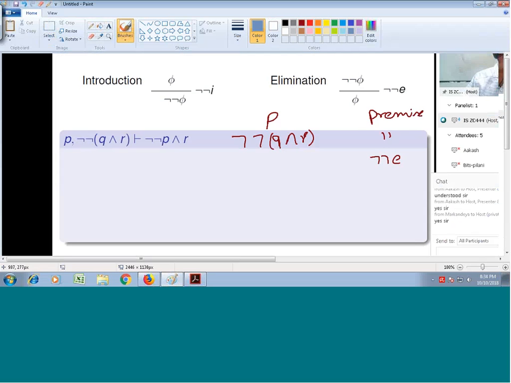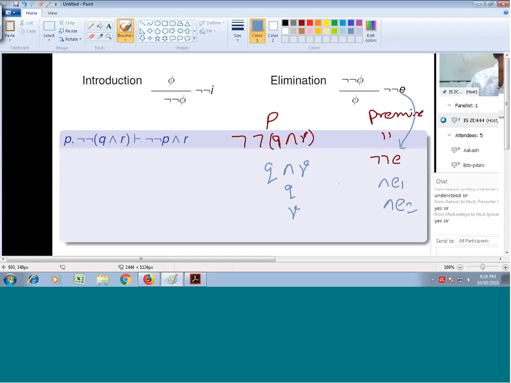I can apply this thing, and what would I get? Q and R. If Q and R is there, I can get Q, I can get R by and elimination, E1 and E2. These things are given to me.